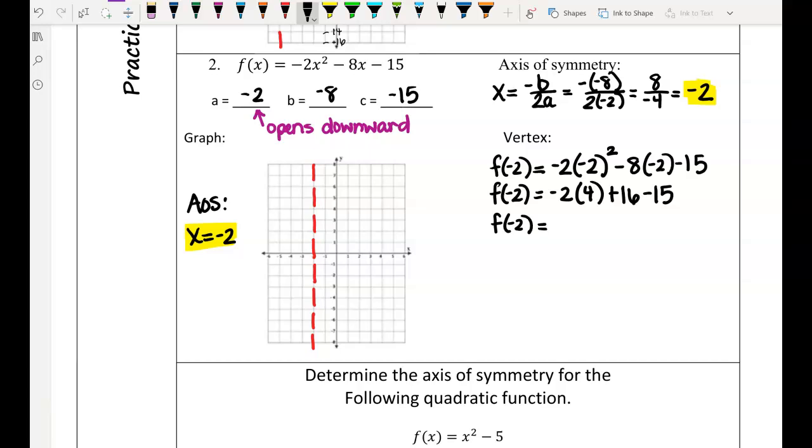So f of negative 2 is negative 8 plus 16 minus 15. So f of negative 2 is 8 minus 15. So f of negative 2 equals negative 7.